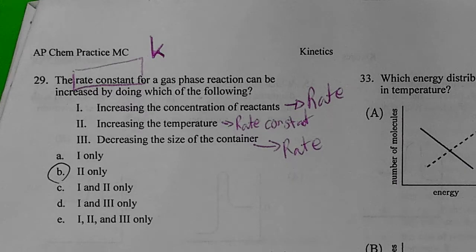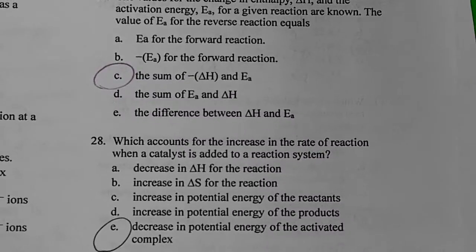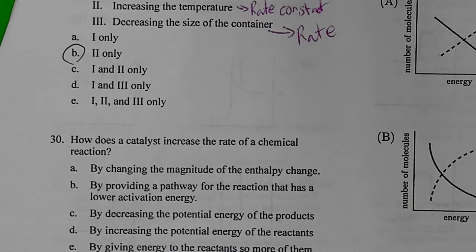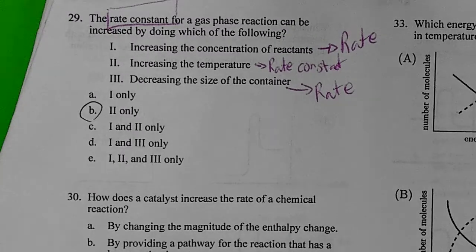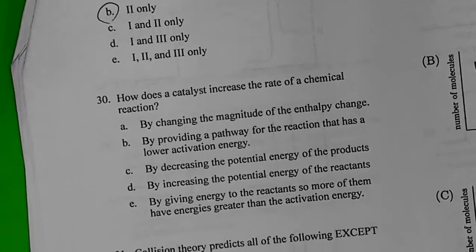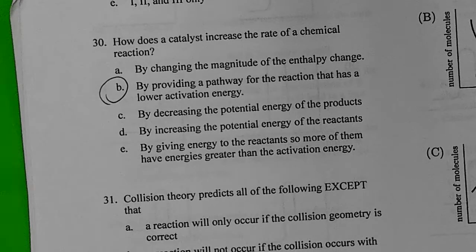What did you get for 28? E. E is a definition. Make sense? Do we got it? 29? E. I don't know. 30? B. Okay, catalase makes an alternate pathway, just kind of like lowering the activation energy. 31?